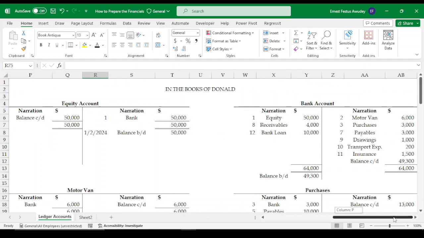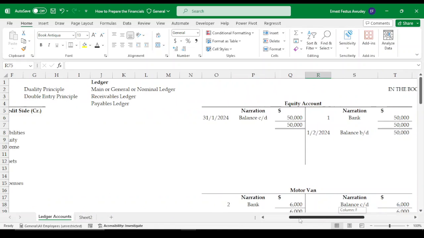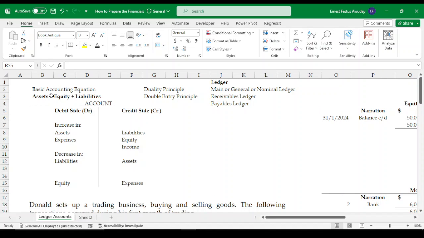Okay, now let's see our bank. The balance brought down falls under the debit side. Therefore, we can say that our bank has a debit balance. Okay, now what you should know is that from the accounting equation again, assets are found on the left side of the account, and they are found on the debit side of the account, therefore, they have a debit balance.